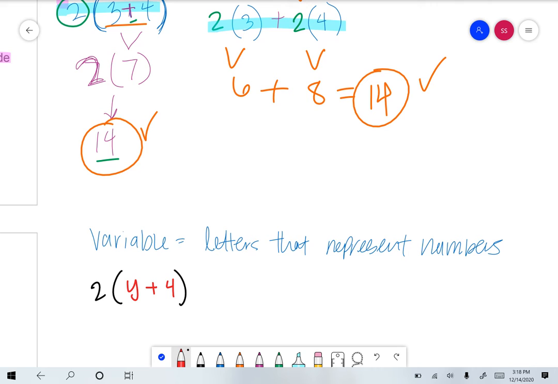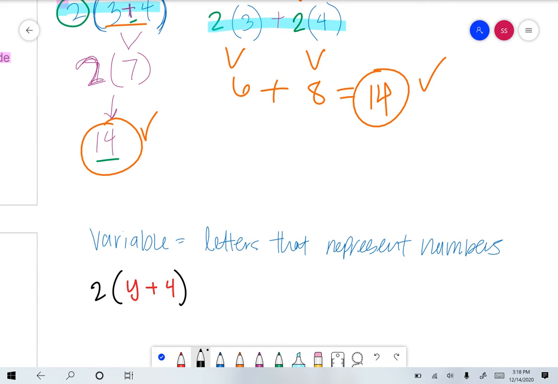We cannot actually add y and 4. It would just be y plus 4. Whereas up here, we could add 3 plus 4, and that makes things a lot easier, and then we just multiply by 2. But with variables involved, you cannot combine those.